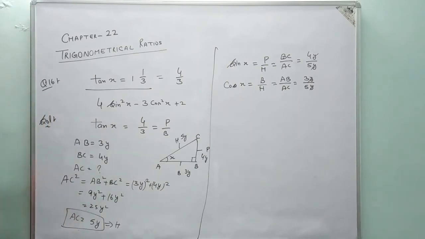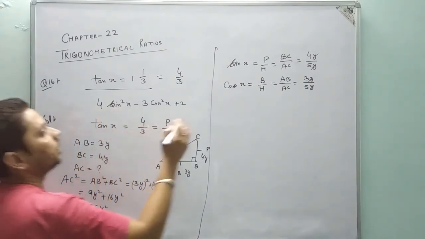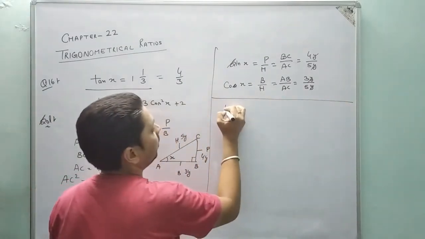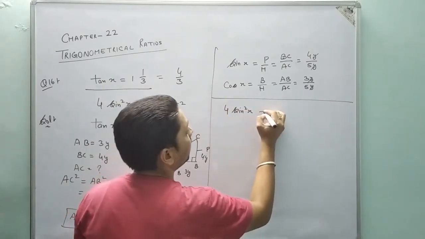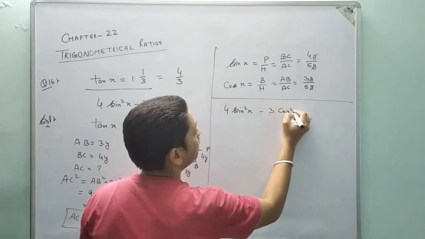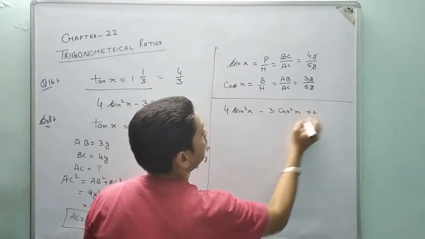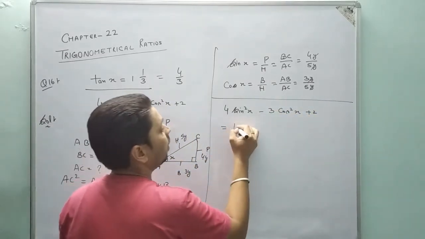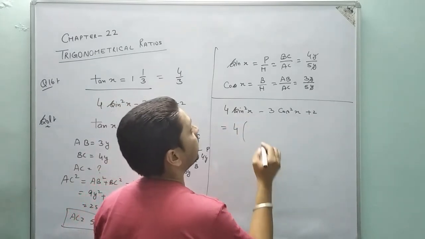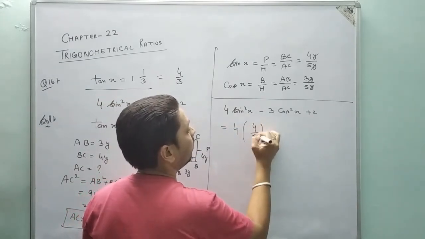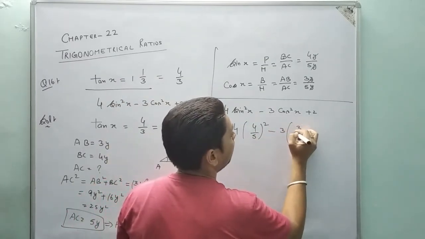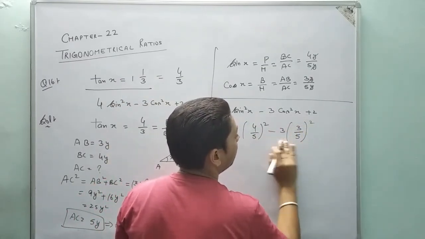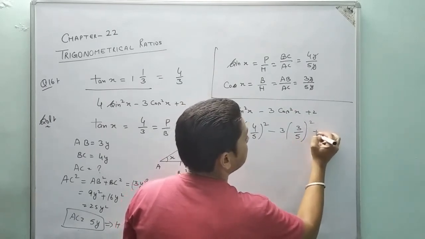Now come to the main part that we have to calculate. We have to find the value of 4 sin square x minus 3 cos square x plus 2. Substitute the value of sin square x. Sin square x is 4 upon 5 whole square, minus 3 into 3 upon 5 whole square, plus 2.